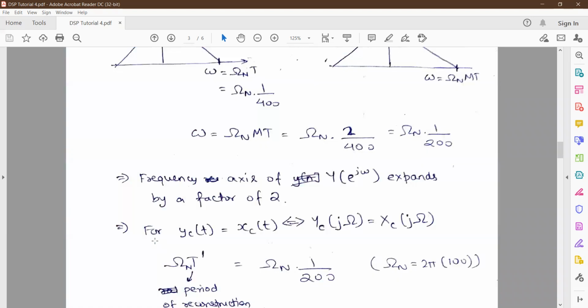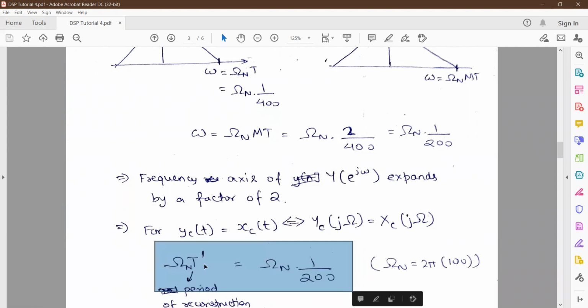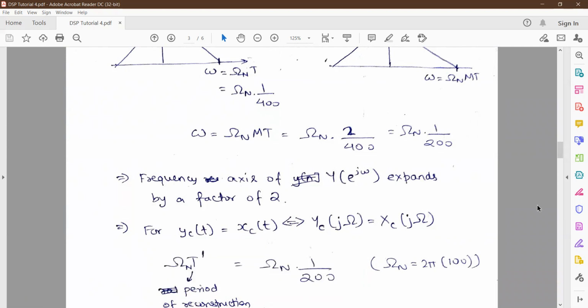So we can simply equate omega n T dash, that is the frequency, where T dash is the period at which we want to reconstruct the signal, with the frequency of the signal after downsampling.